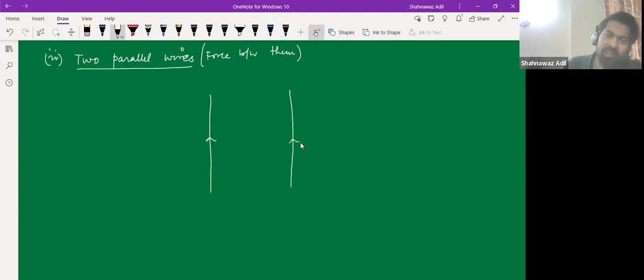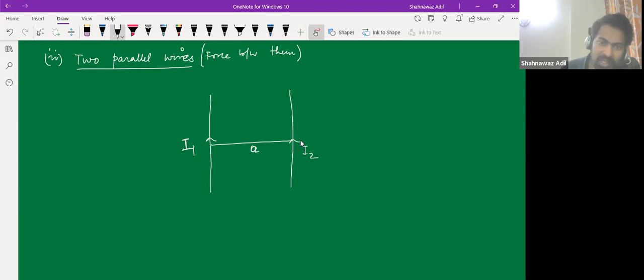There is no external magnetic field in this case. The magnetic field will arise due to each current carrying wire. Let's say this is I1, this is I2, this distance is A, and the length of the wire is L. We'll talk about that later.